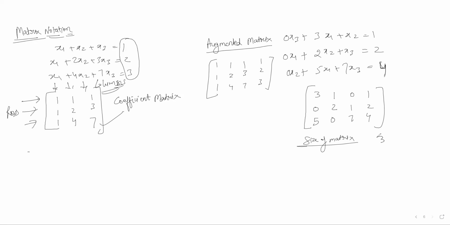Three. Columns, four. So the size of this matrix is 3 by 4. We write it as 3 cross 4, and we read it as 3 by 4. This is the size of this matrix.